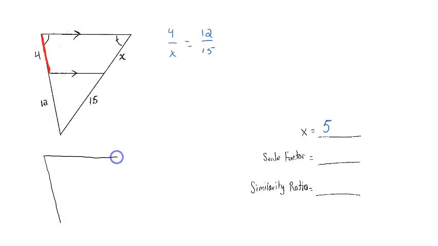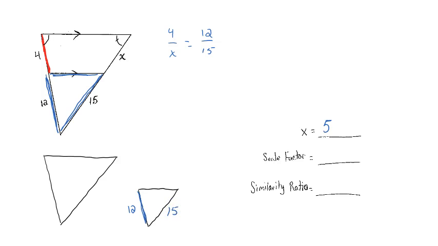You have the big triangle, and then you have this smaller triangle. That's going to help you identify what your similarity ratio is. The smaller triangle, you know you have a side length of 12. That's this side length here. Then you have your parallel side, and then you have your other side length of 15.